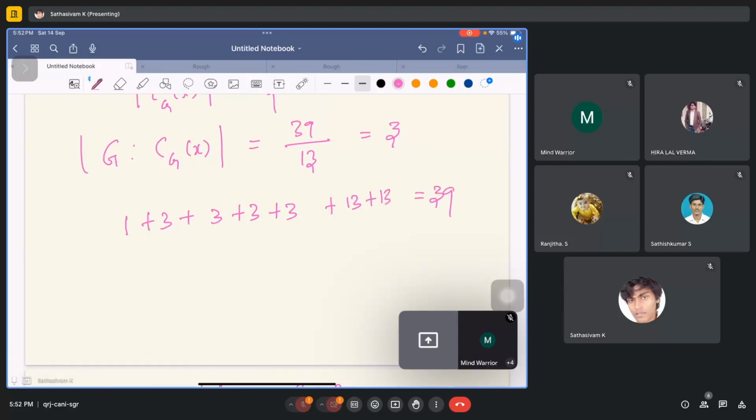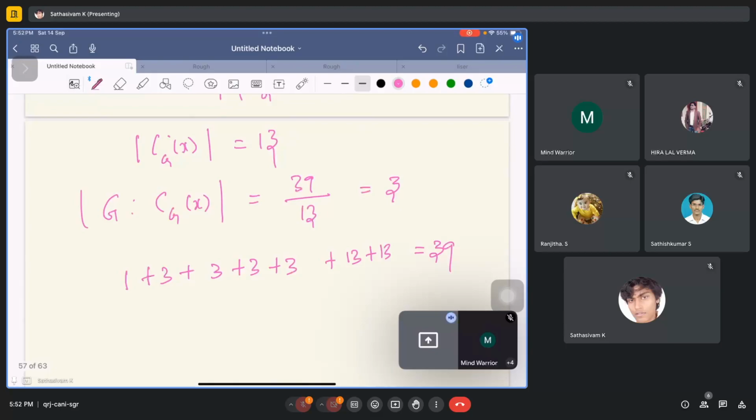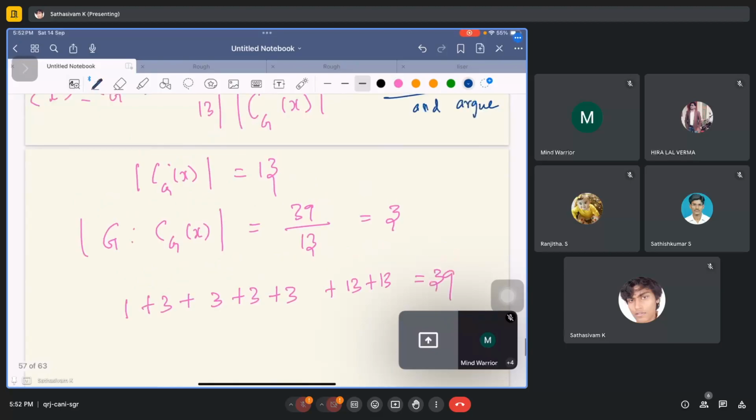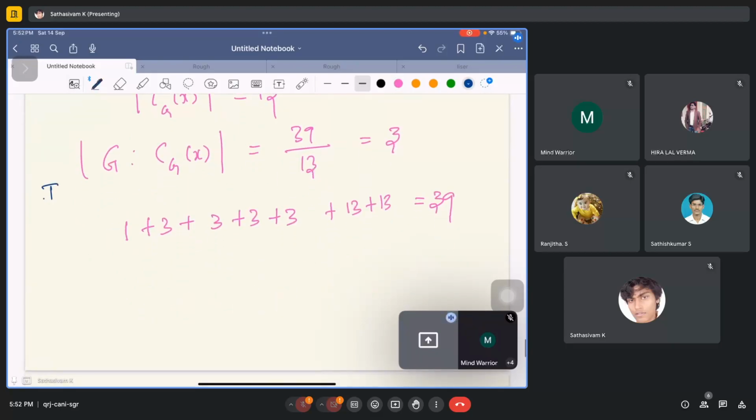So basically what we have proved is the following: if G is non-abelian and the order of G is 39, then the class equation is this one. So for the rest of the problems, you do exactly similar things.